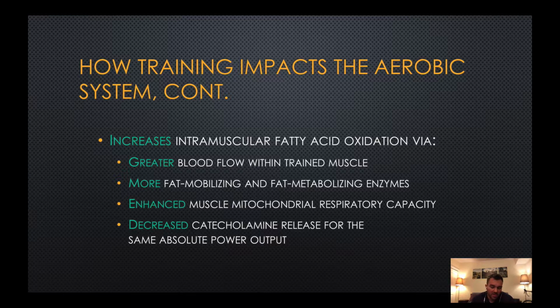Storage of intramuscular fat isn't a negative in terms of training, especially with athletes, because that gives you a fuel source right there. We don't then have to mobilize fat from the torso or somewhere else within the body if we have intramuscular fat right there at that local working muscle. And we know that we get a lot of energy from fat, a lot of ATP. So it's important that we're able to tap into that as a fuel source throughout aerobic activity.